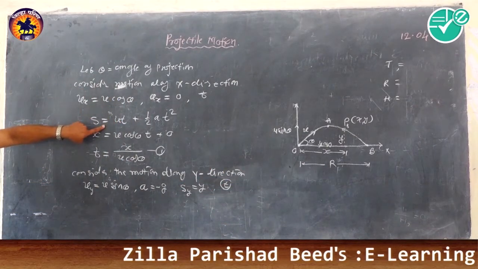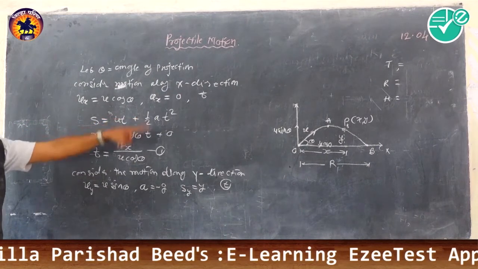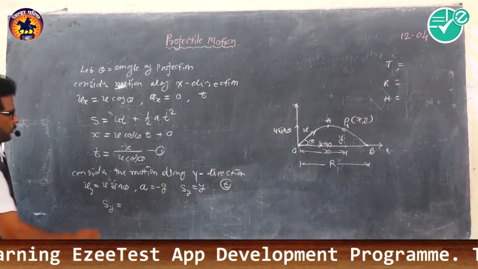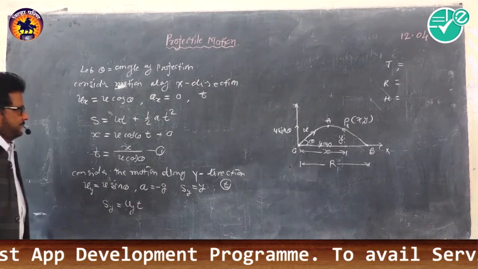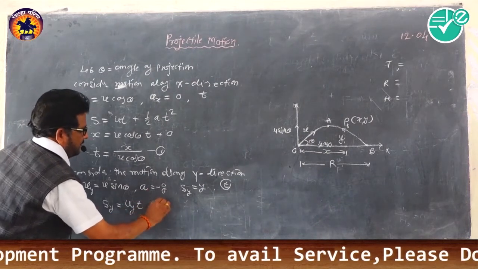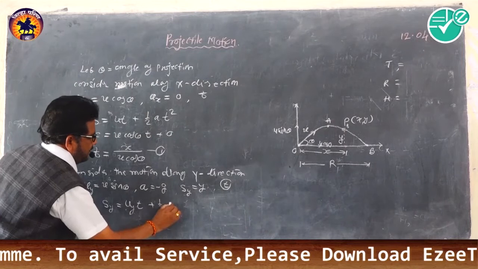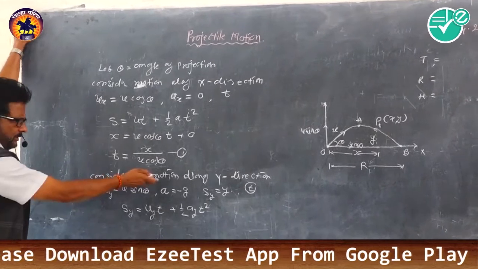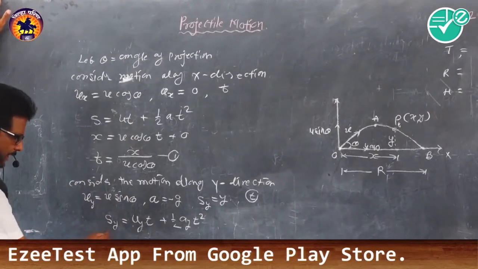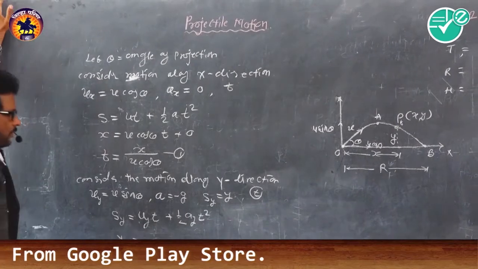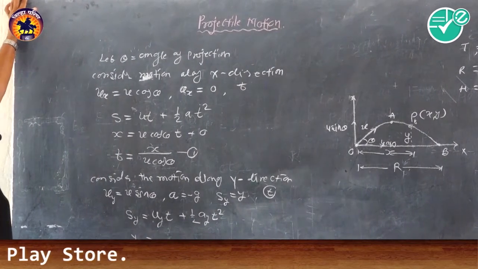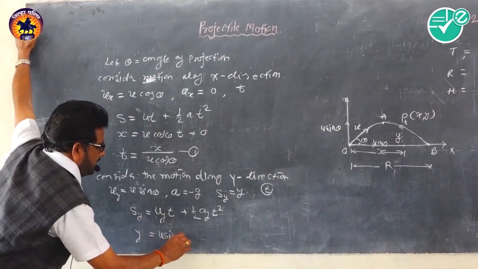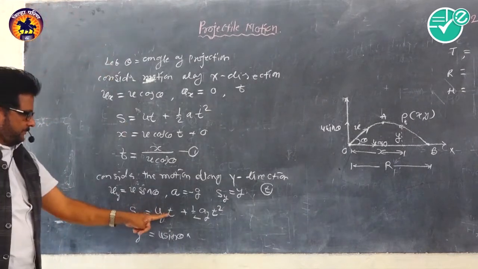Again we can apply the equation of motion S is equal to ut plus half a t square. For this vertical motion, we can write S y equal to u y t plus half a y t square. Putting these values, the vertical displacement is y equal to u sin theta into t.